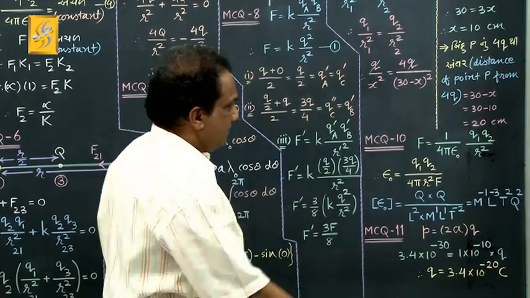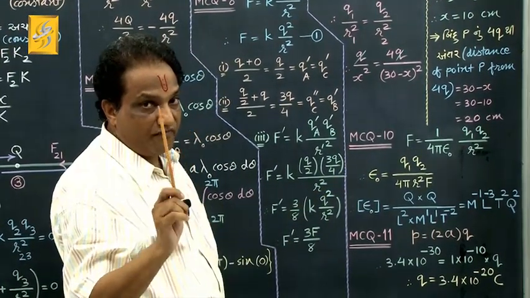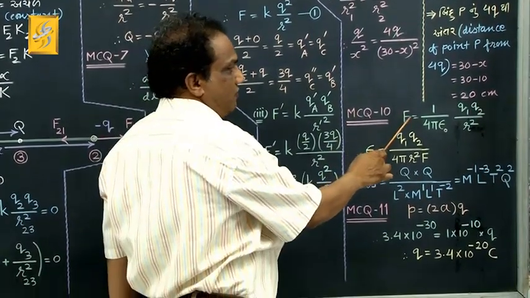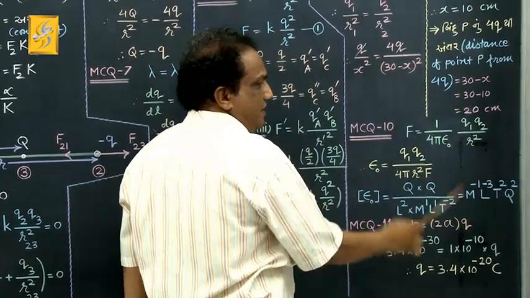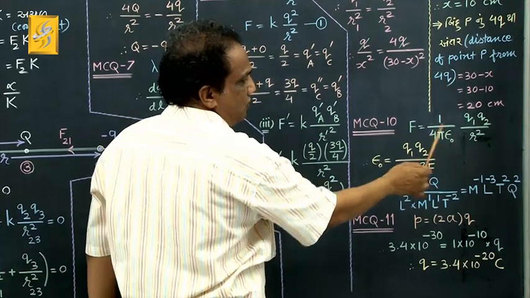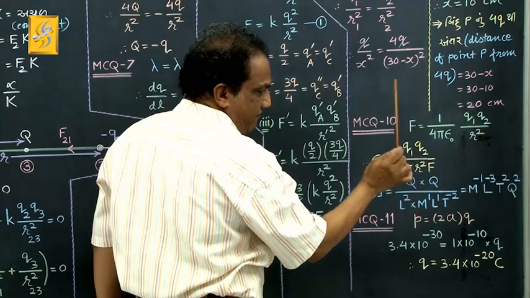Look. Come on, Coulomb's law for two charges placed in vacuum separated by distance r. Magnitude is F equals 1 upon 4 pi epsilon 0 Q1 Q2 upon r square. Transfer this epsilon 0 here, transfer this F in the denominator. So epsilon 0 will be Q1 Q2 upon 4 pi r square F.